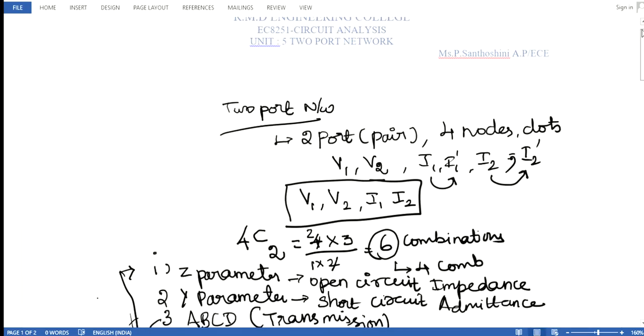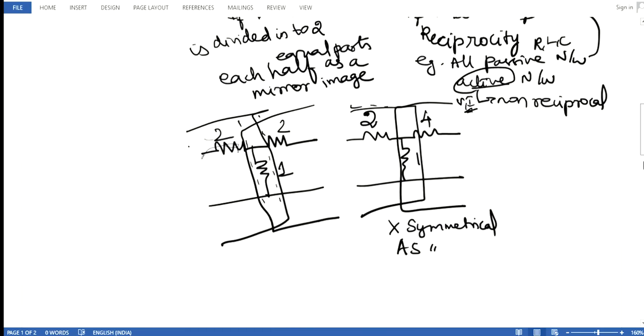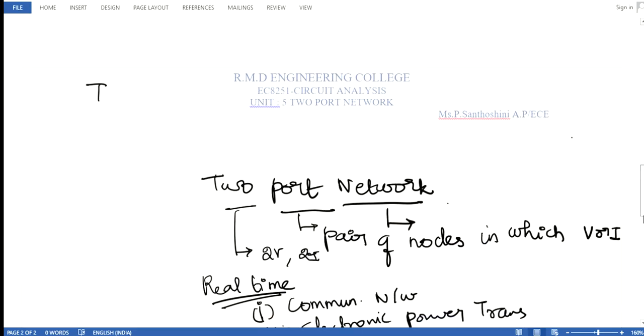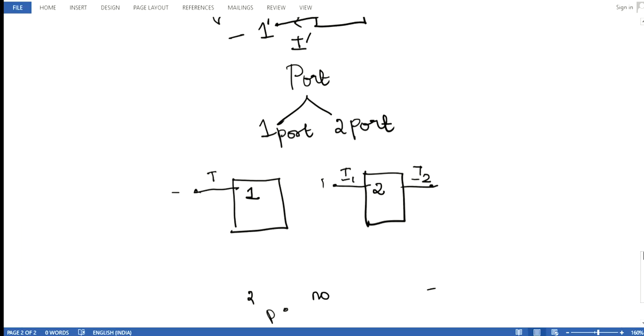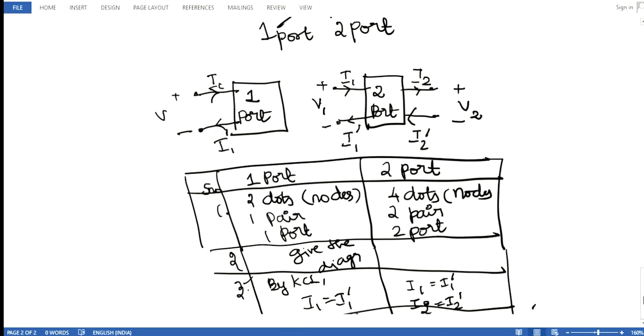This tabular column has all the 4 parameters, including the symmetry property, reciprocity property, the equation, who are the inputs and who are the outputs.